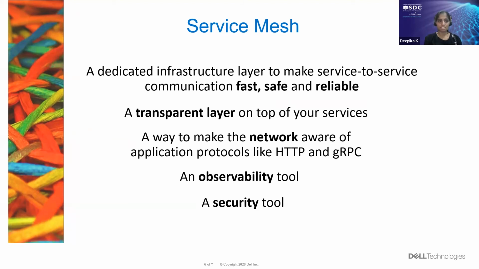This service mesh is an extra layer of software we deploy alongside our cluster. It provides a consistent way to connect, secure, and also observe the microservices. Most service meshes are tightly integrated with an orchestration platform like Kubernetes.